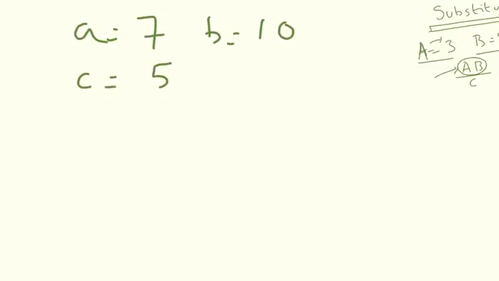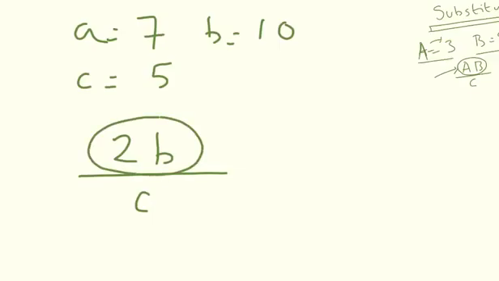So let's say 2B divided by C. So remember what I said, these two mean 2 times B. B is 10, so 2 times 10 is 20, and C is 5. So 20 divided by 5 is 4.